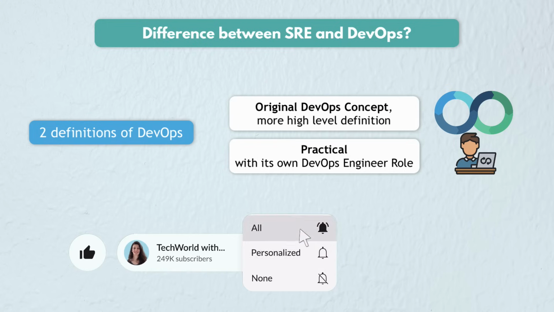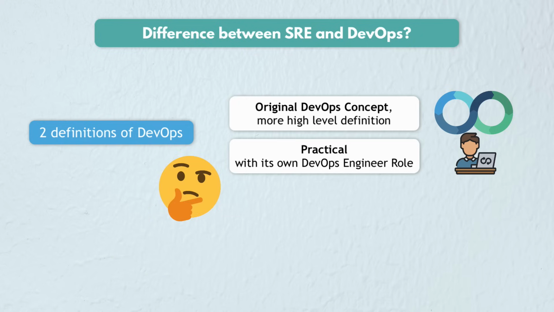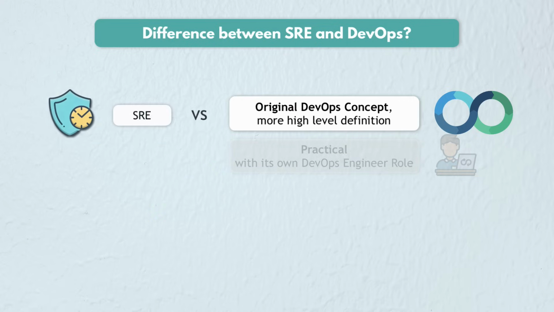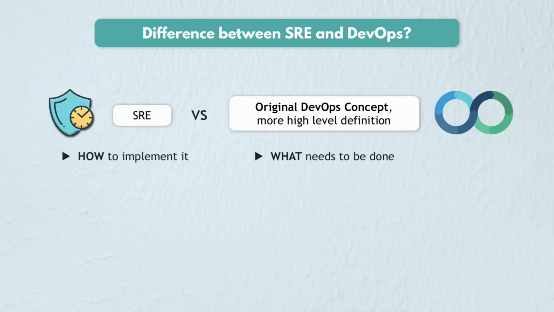So when we compare DevOps with SRE, it's important to know which definition of DevOps we're using for this comparison. With the first, broader definition, DevOps is a more high-level concept that defines what needs to be done to achieve the automated, streamlined release process, while SRE is more specific about how to exactly implement this process and how to implement DevOps principles.